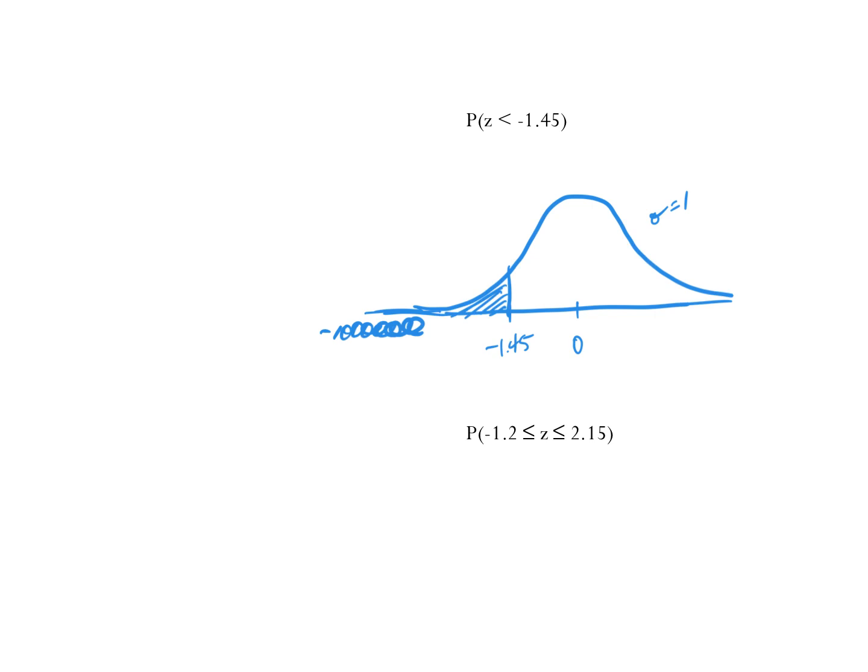Negative 1.45. And I got 0.074. Is your standard deviation still 1? For now, your standard deviation will always be 1 and your mean will always be 0.